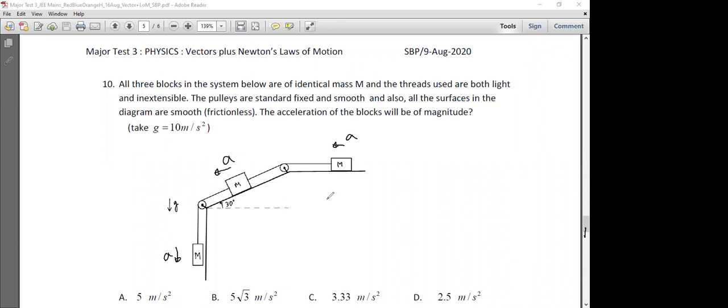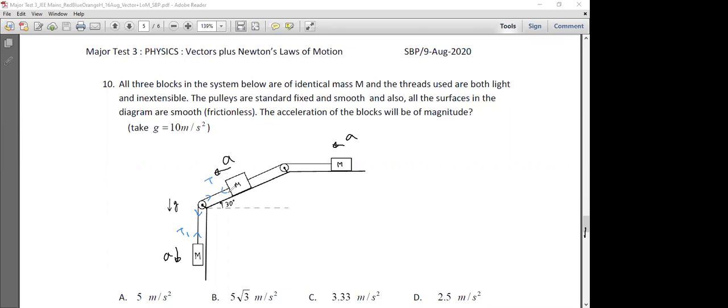And if the tension in this string is T1, then the same magnitude of tension will be acting on this block.